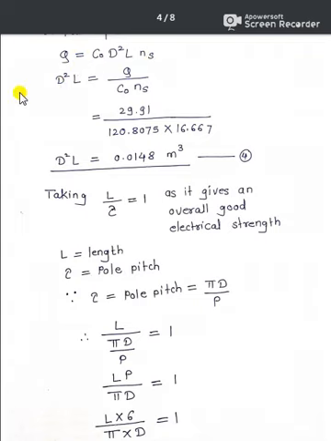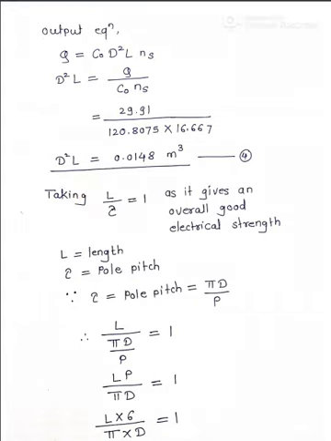So we rewrite the equation: D square L is equal to Q upon C naught NS. We substitute the Q value as 29.91, and the C naught and NS values. These three values we have already calculated previously. By substituting these three values, we get D square L is equal to 0.0148 meter cube. Call this equation number 4.